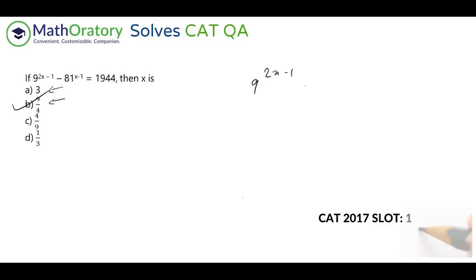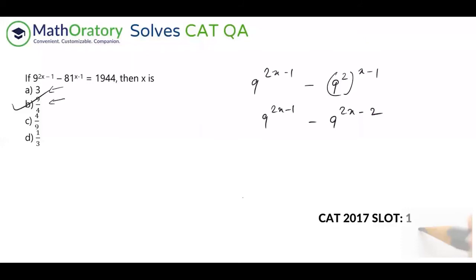The trick is to convert both the bases to the same thing if you can do it. For example, you have 81 to the power x minus 1, right? So you can evaluate this as something like this, which results to something like this, right? Now, this is the part where people make a lot of mistakes.